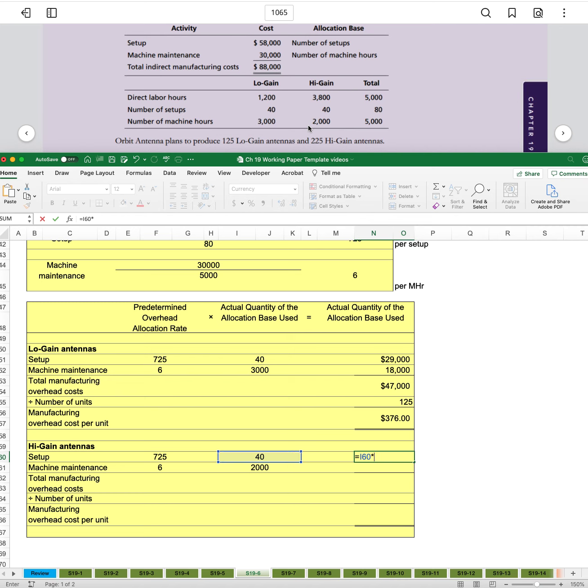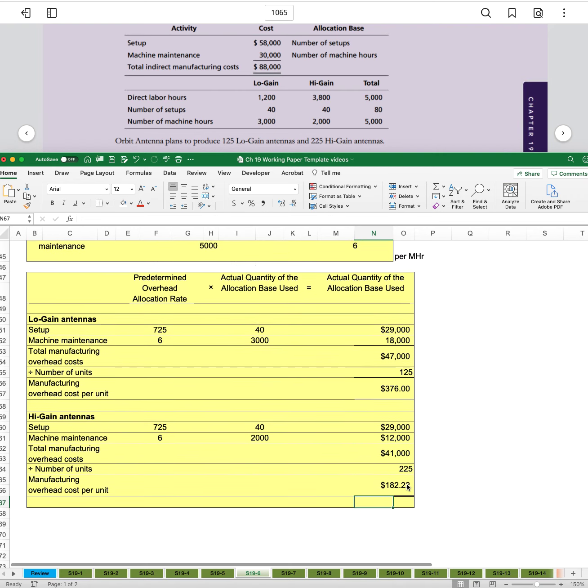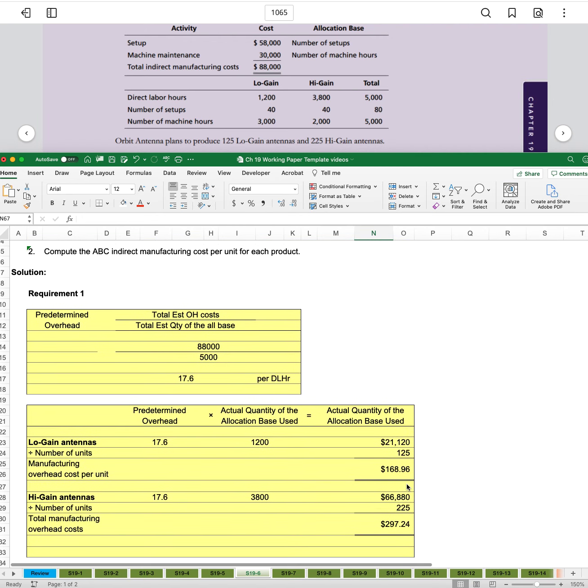So again, we're going to multiply across our row, 29,000 in setup costs, 12,000 in machine maintenance costs, and add those together for a total of 41,000 total manufacturing overhead costs divided by the 225 number of units for 182.22 per unit.